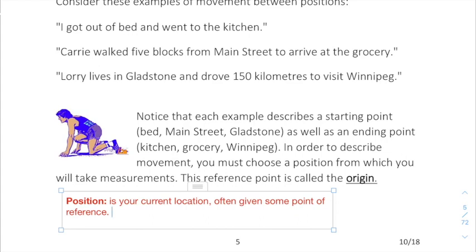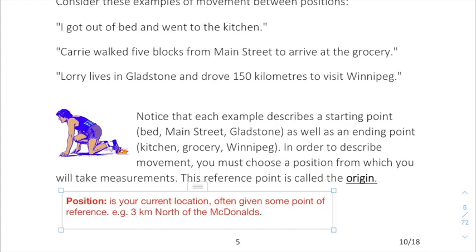Like your position might be 3 kilometers north of the McDonald's. That's a really crazy way to describe where I live, but let's say I live 3 kilometers north of the McDonald's. So that gives you a position that tells me where I am.